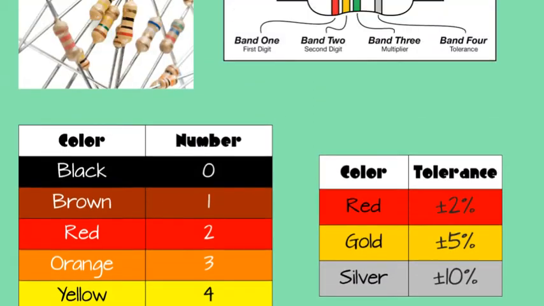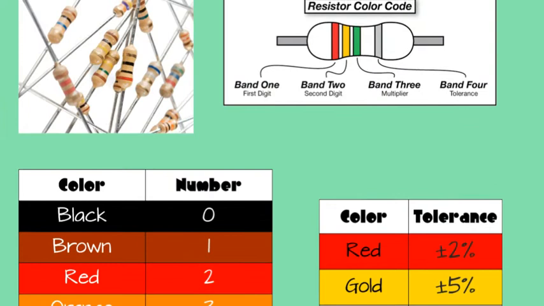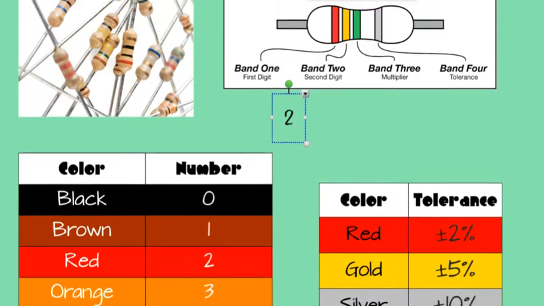So let's start off by decoding this resistor up here. The first color, which is band 1, is the first digit. In this case, it's the color red, so it corresponds with the digit 2. The second color, being yellow, corresponds with the digit 4.